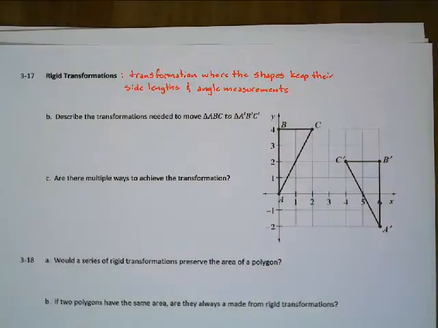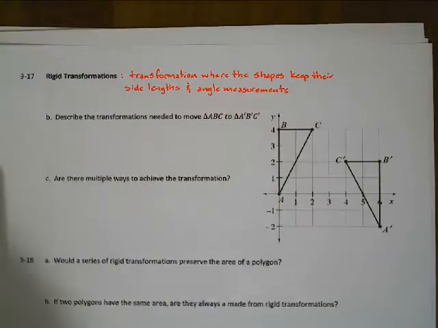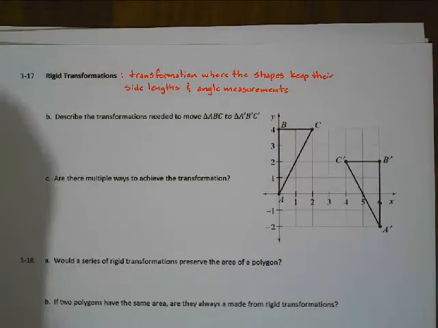So what that's saying is when we move a shape, it's going to keep its side lengths and angle measurements, meaning that they're going to be the same size. They might be in a different order, or they might be facing a different direction, but the shape is still the exact same shape because you can measure out the sides and they're going to be exactly the same.